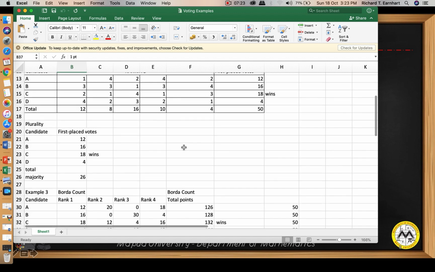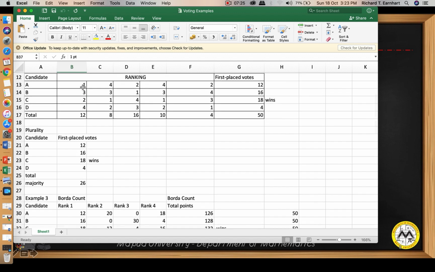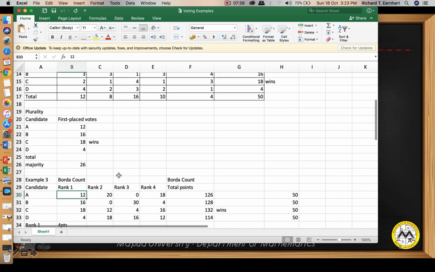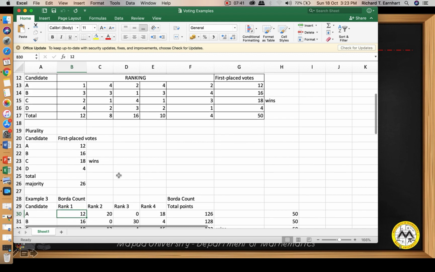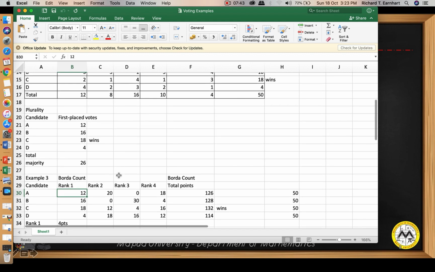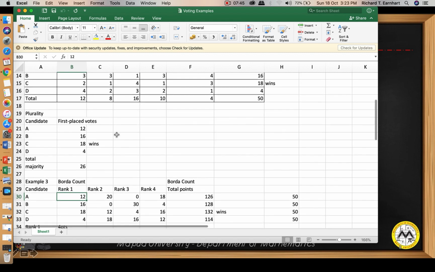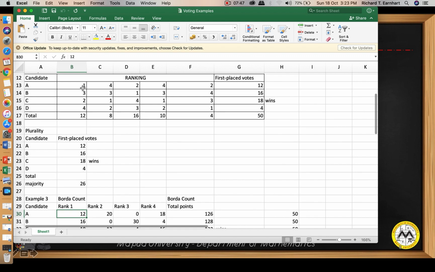So based on the preference list here, for example, for candidate A, we have, if this is rank 1, we have 12 votes here.